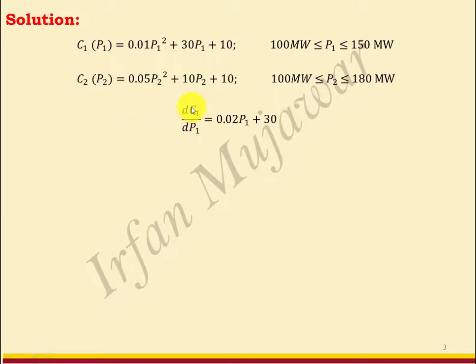If you take the derivative of C1 with respect to P1, we get 0.01 into 2P1, that is 0.02 P1, plus 30, plus the derivative of 10, which is 0. Similarly, dC2/dP2 will be 0.05 into 2P2, that is 0.1 P2, plus 10, since the derivative of 10 P2 is 10, and the derivative of 10 is 0. So we get these two equations.